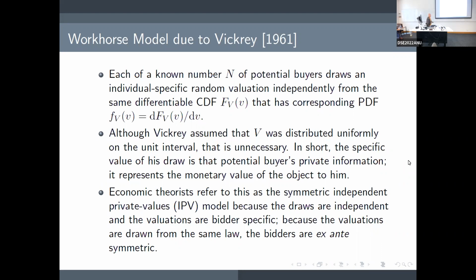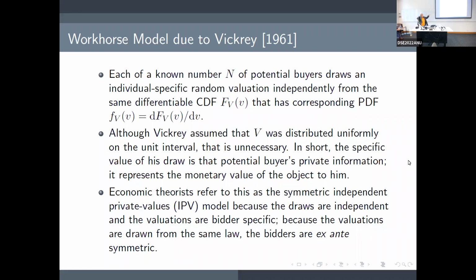In fact, lots of people do it in terms of types, where types map to values. But the point is that this V is the private information of a potential buyer, and we call this a symmetric independent private values model because they all come from the same urn. That's the symmetry, ex ante symmetry.